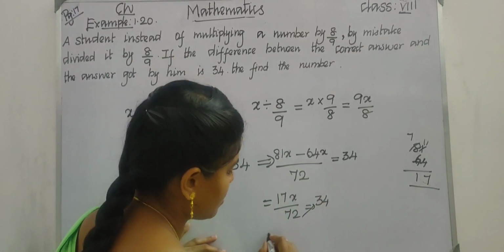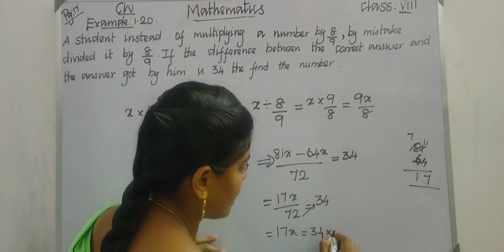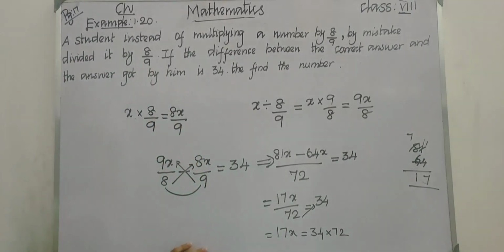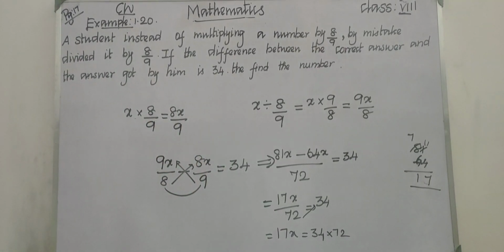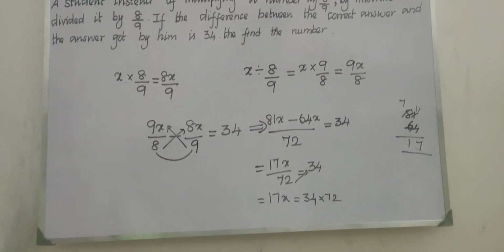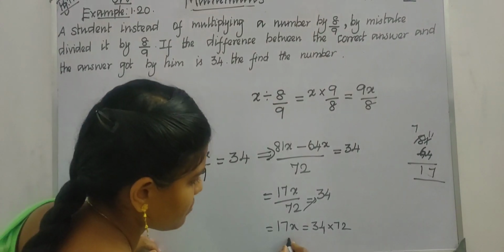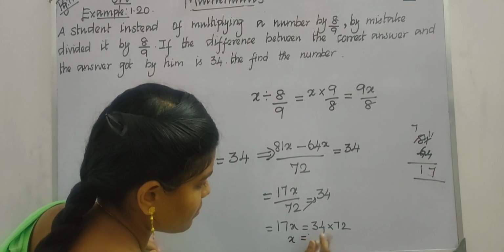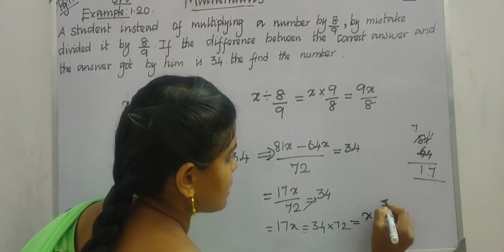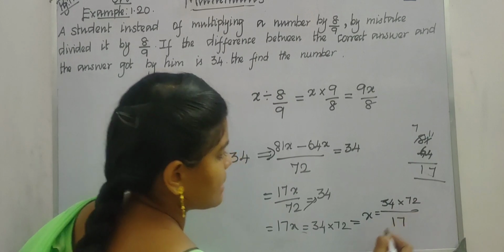So 17x equal to 34 into 72. So x equal to 34 into 72 upon 17.